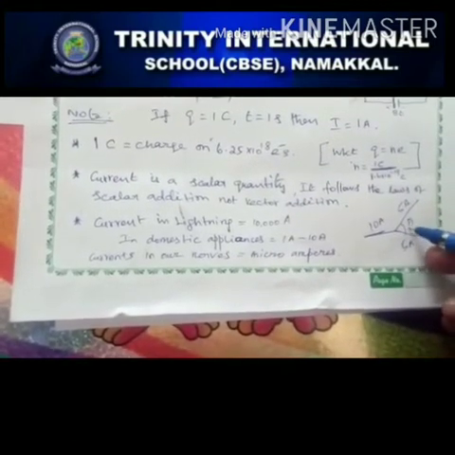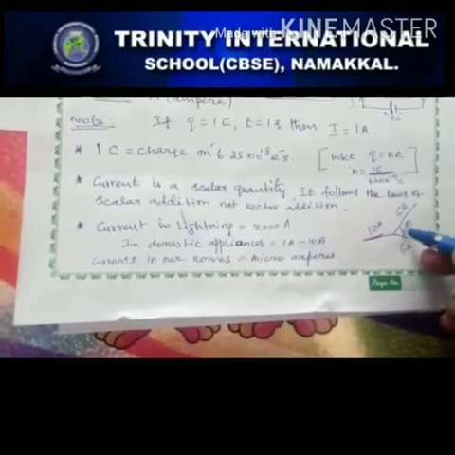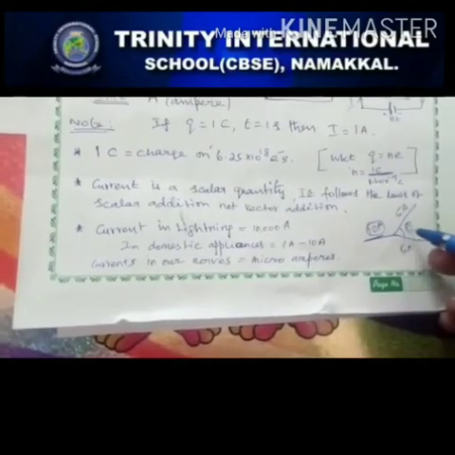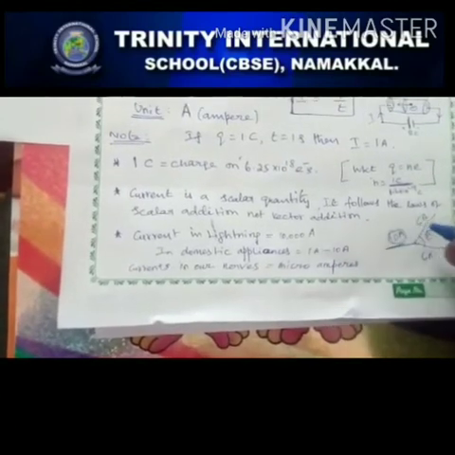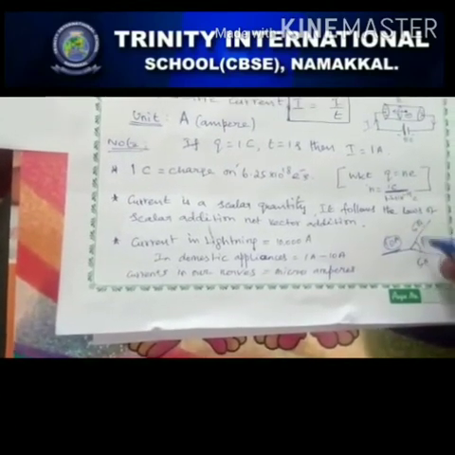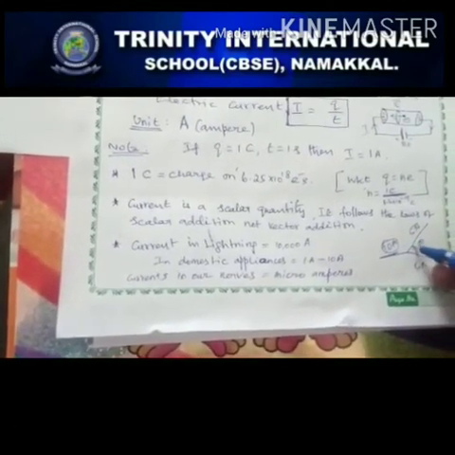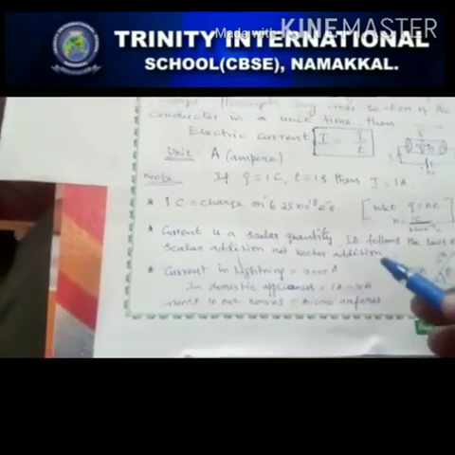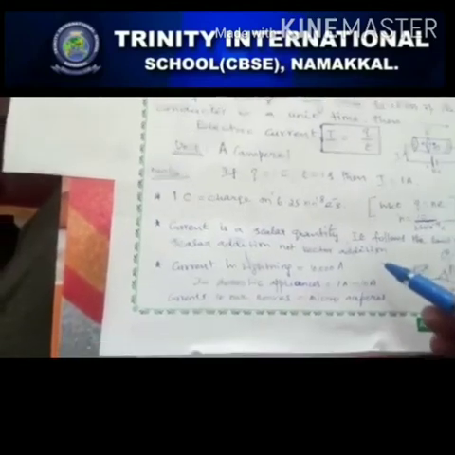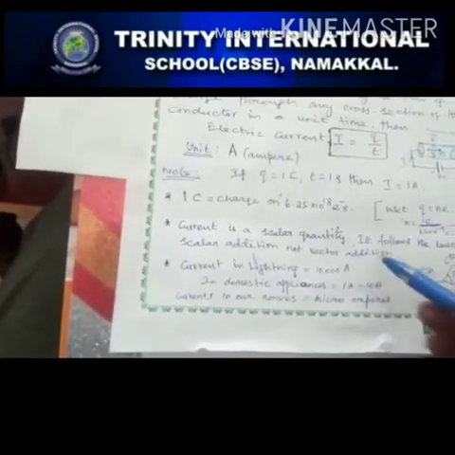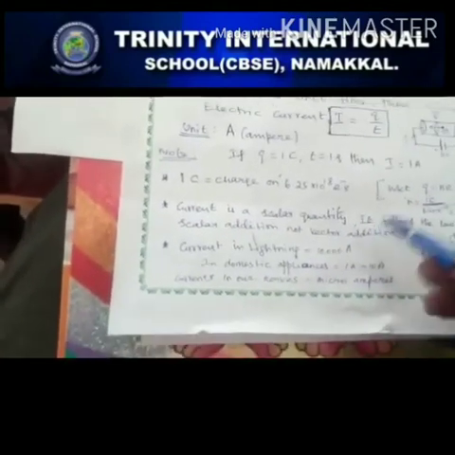This angle does not make any change to the total current, so it is not dependent on the angle. It follows only scalar addition, that is the algebraic sum of currents, not taking the angle. So it follows the laws of scalar addition, not vector addition, and we can decide it is a scalar quantity, not a vector quantity.